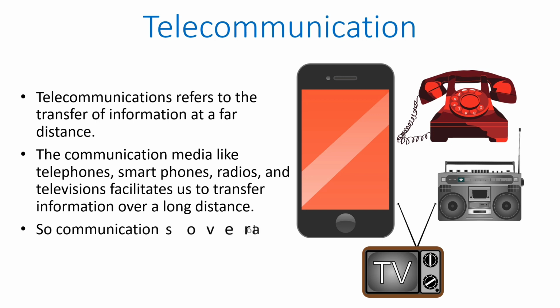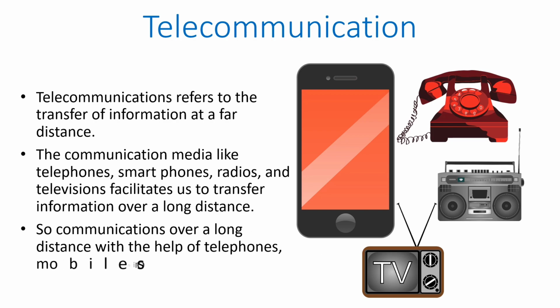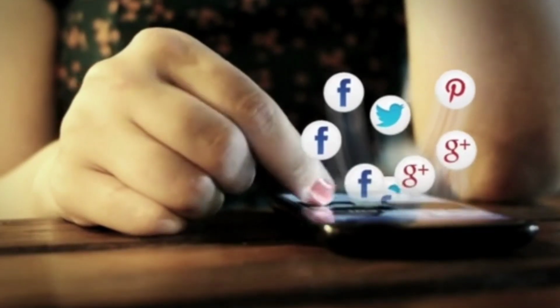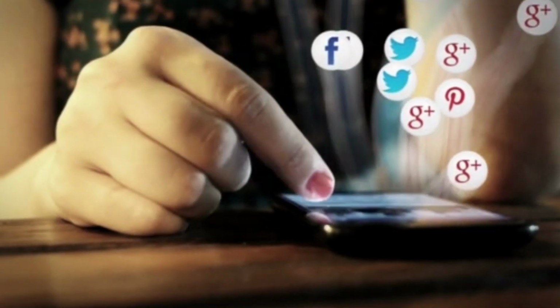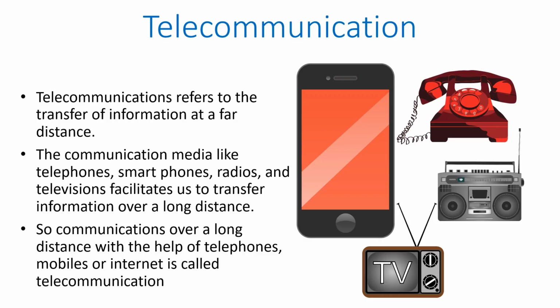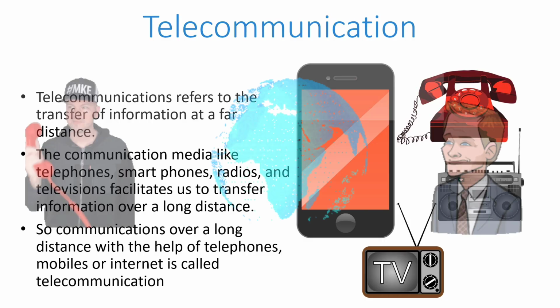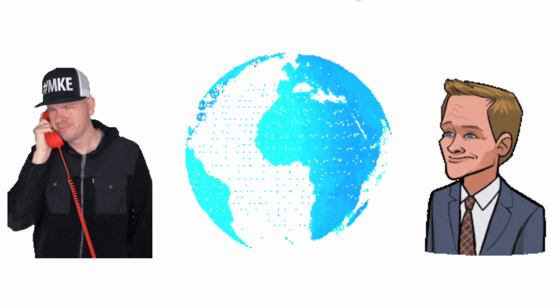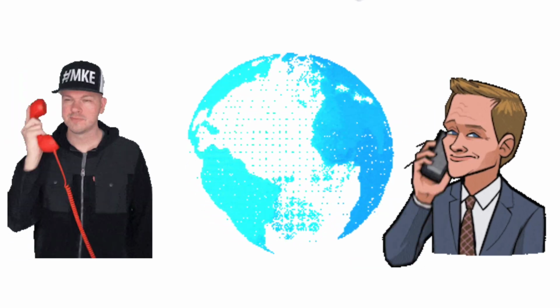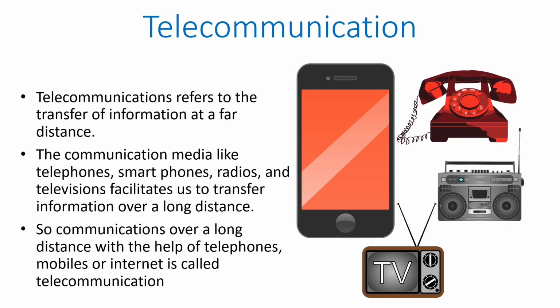So communication over long distance with the help of telephones, mobiles or internet is known as telecommunication. Simply we can understand that long distance communication or the long distance transfer of information is known as telecommunication.